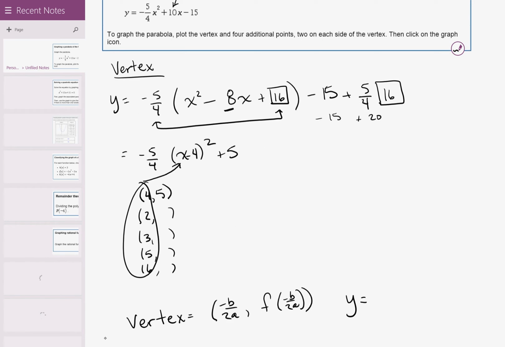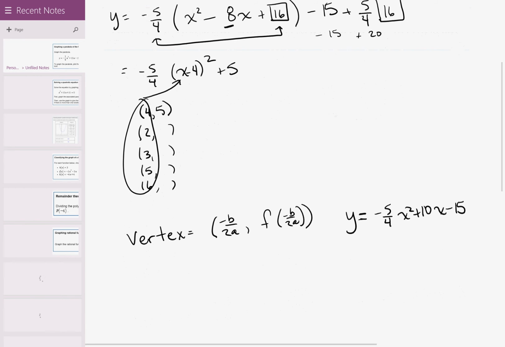Y, which is the same thing as f of x if it's a function, right, is negative 5/4 x squared plus 10x minus 15. And so negative b over 2a is negative 10 over negative 5/2. And that is 4. And then I substitute in a 4 to find the y-coordinate of the vertex.